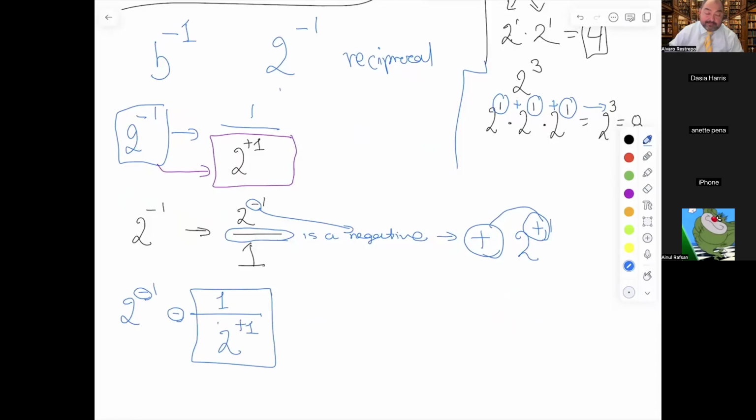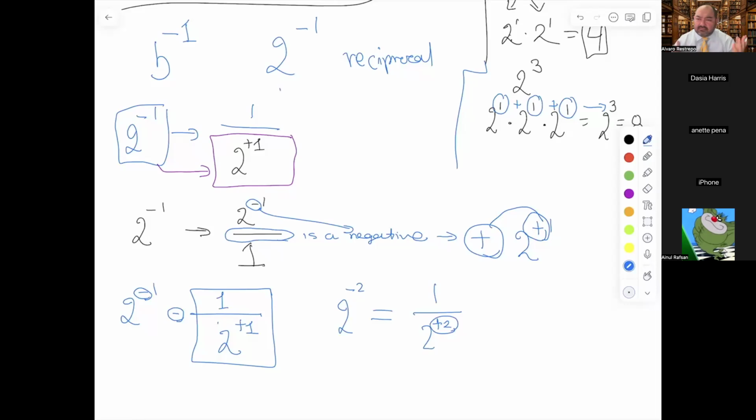That's my final answer. When we just do it automatically, we're just saying, okay, 2 to the negative 2, that means I'm going to put 1 over 2 to the positive 2. And people do it automatically, and they don't understand why this is happening. It's like when you're doing mofongo.